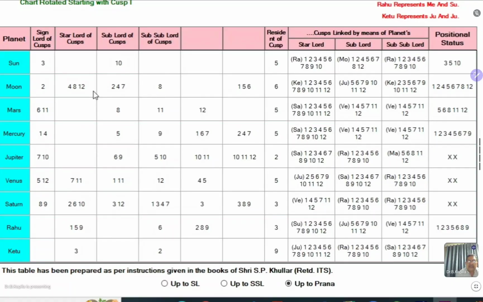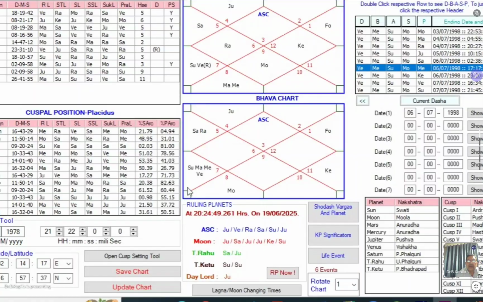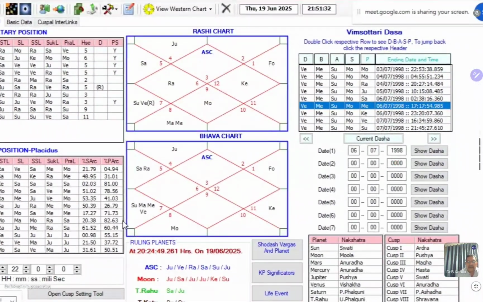Now the question is, since 8 and 12 are there, then if some unceremonious event is likely to happen, then what can it be? Is it father, is it mother, is it sister, is it brother, is it the spouse, or maybe somebody else?